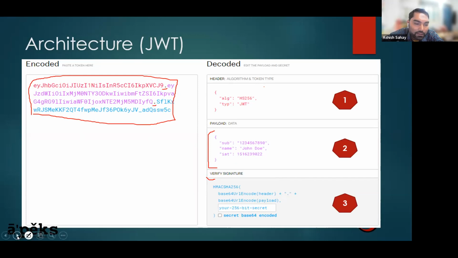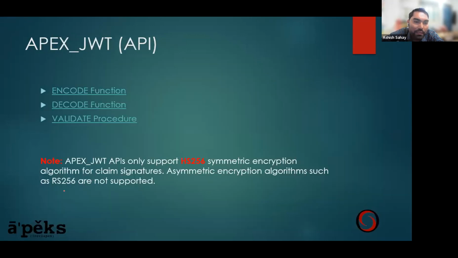And if you see how Apex is invoking it into our Apex world, Oracle has created one API, APEX_JWT, which has three subprograms, two functions and one procedure. They are responsible to do the same thing that JWT is doing using their algorithms.